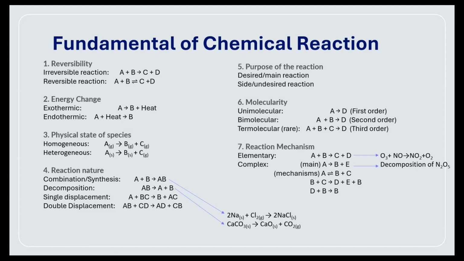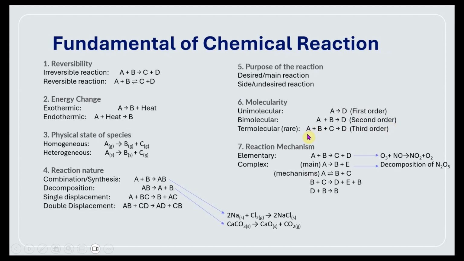Unimolecular, when there is only one reactant, is described by the first order. And bimolecular means there are two reactants, and the terminology that we use for describing this kind of reaction is second order.